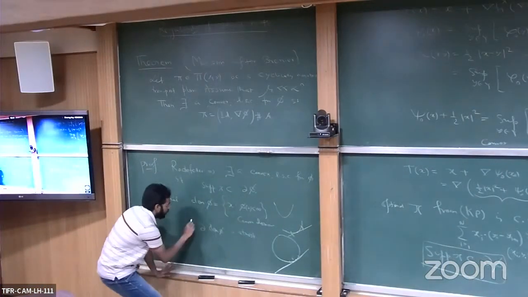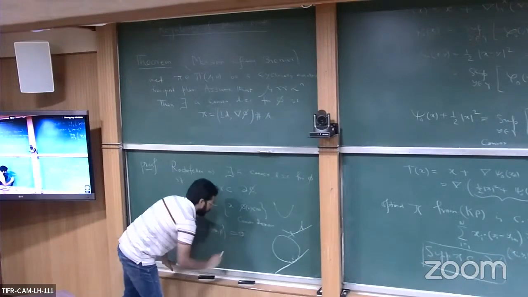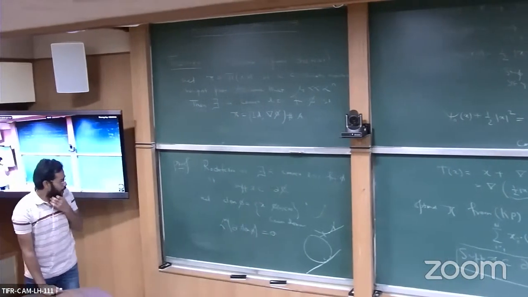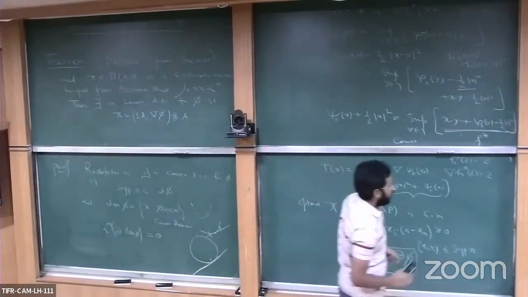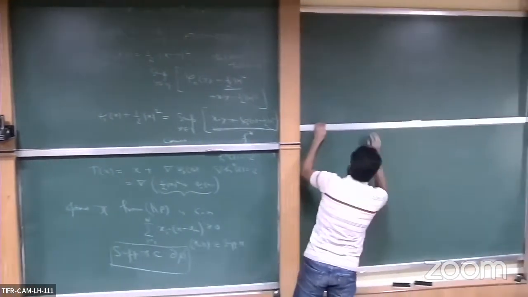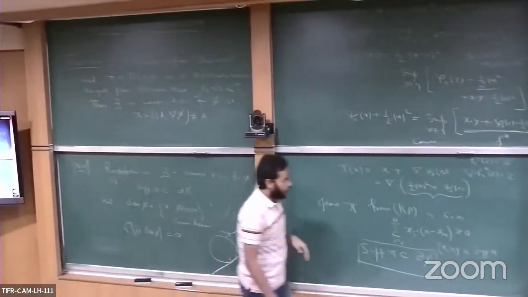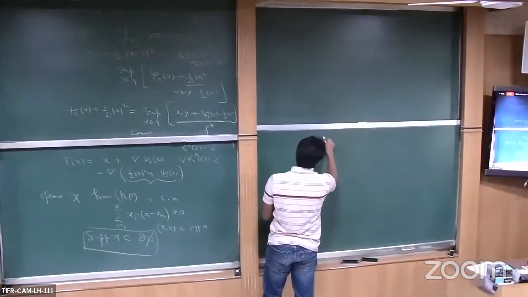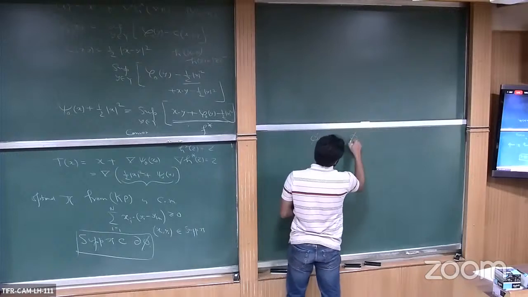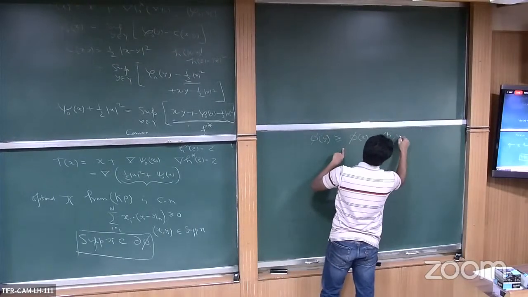I'll just say that it has Lebesgue measure zero. Now, remember that the support of pi is contained in the subdifferential, and remember that the definition of the subdifferential is phi(y) bigger or equal to phi(x) plus p times (y minus x).